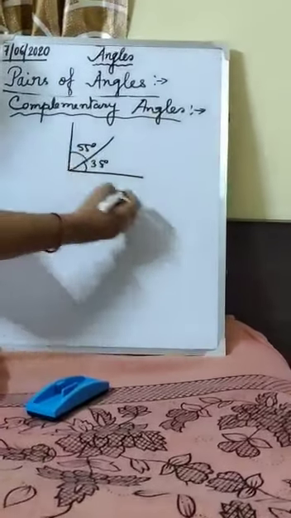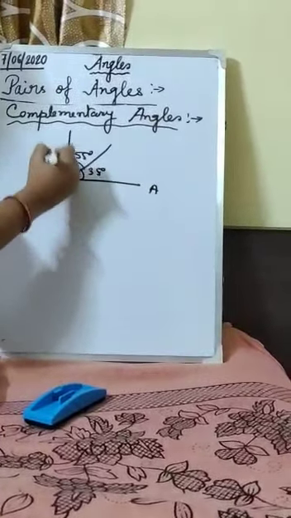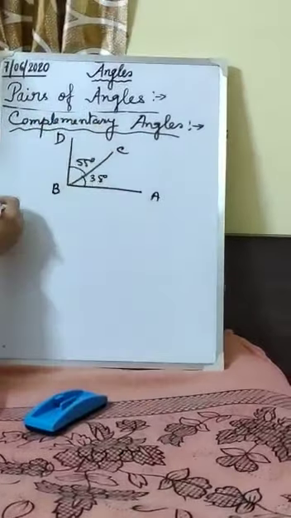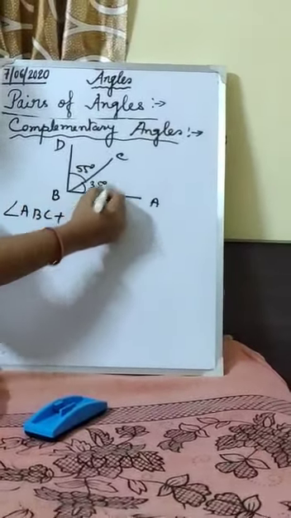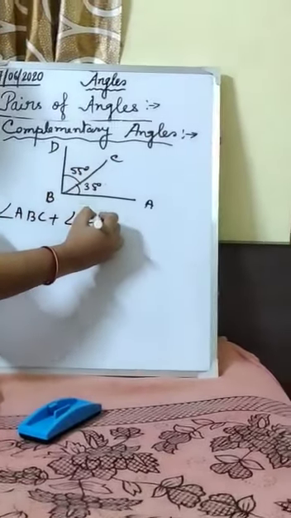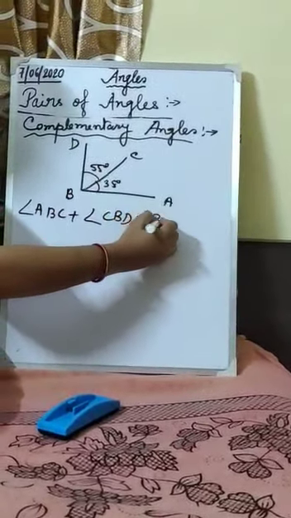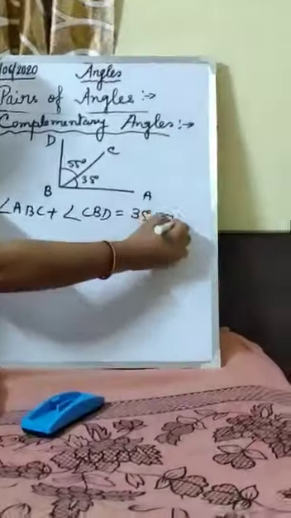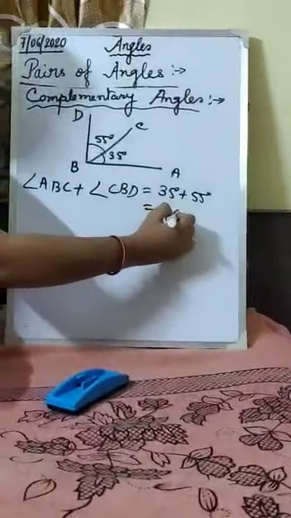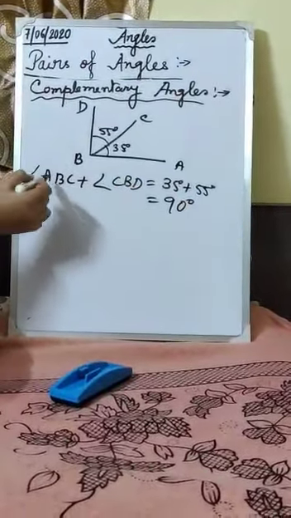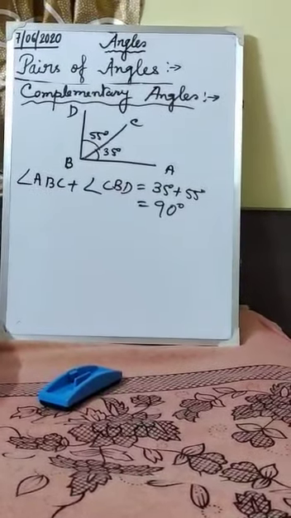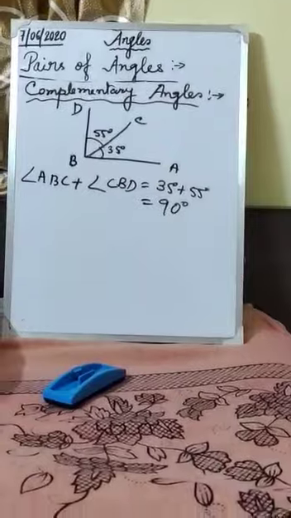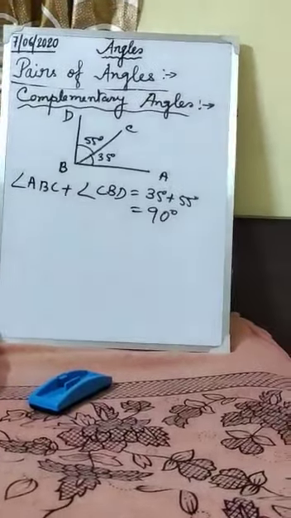Name of the angles is suppose A, B, C and D. That means angle ABC plus angle CBD equals 35 degree plus 55 degree, that means 90 degree. So you can say that this and this are complementary angles. This is known as complementary angles.